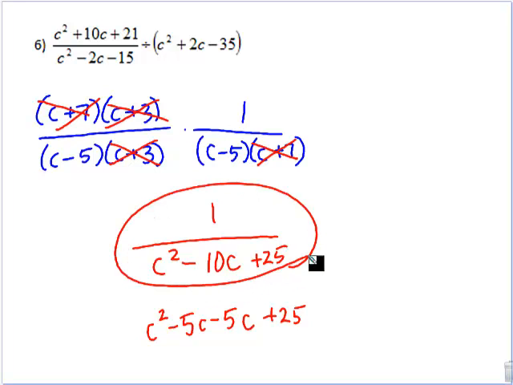Now remember, when you're doing the FOILing or distributing, you are trying to get to the simplified answer immediately by doing the outside and inside in your head. Is that one okay?